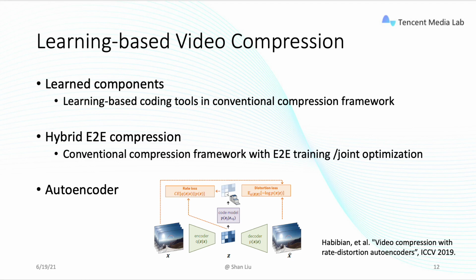And in the second approach, although the conventional framework is used, key components are replaced by neural networks, and the training is performed from end to end. And the third one is the autoencoder approach.